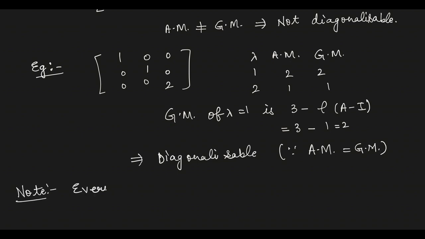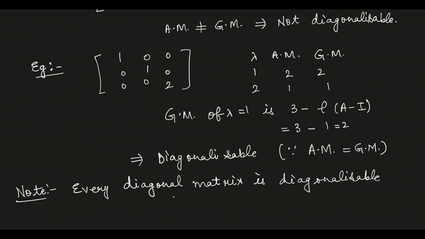Every diagonal matrix is diagonalizable but the converse is not true.